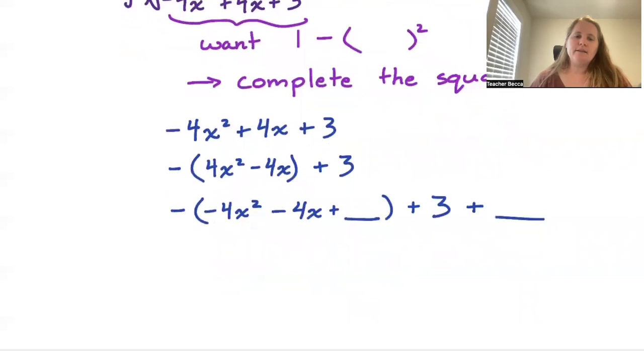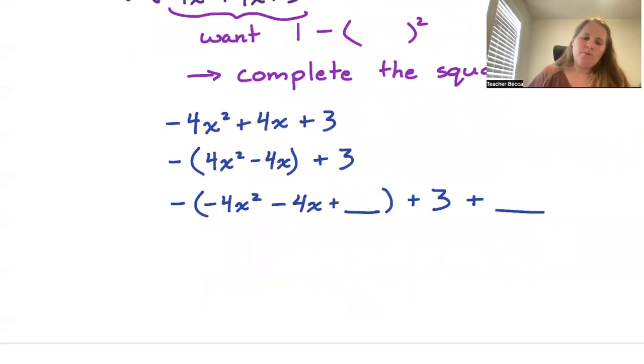So to complete the square, remember the rule. Sorry, that should have been a positive 4x squared inside my parentheses. We would have a negative, then parentheses, positive 4x squared minus 4x plus blank.